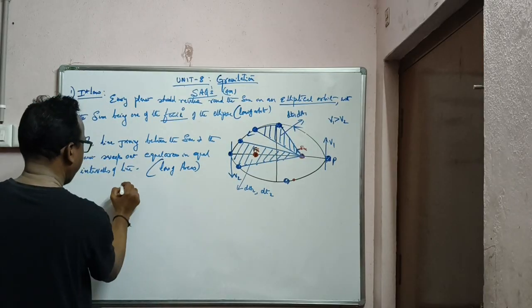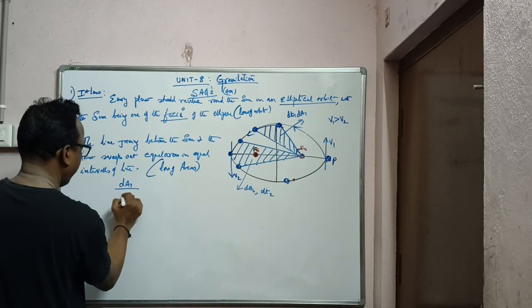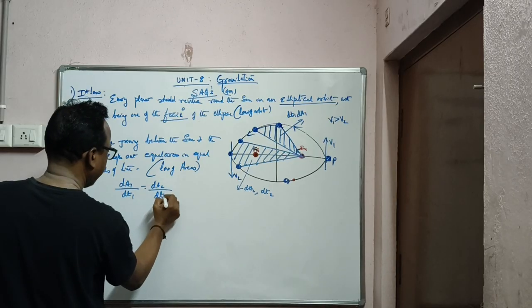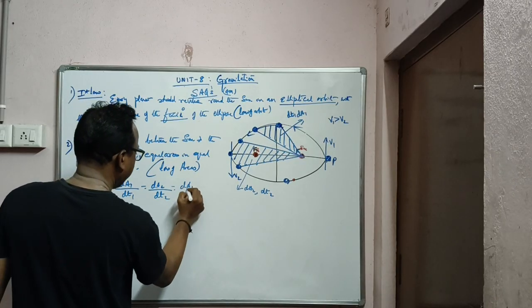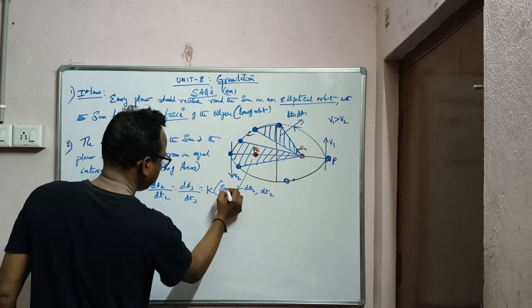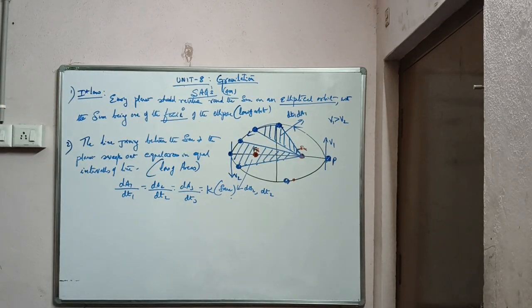Here he is saying that dA1 by dt1 is equal to dA2 by dt2 is equal to dA3 by dt3, equal to a constant, the same. That is the second statement.